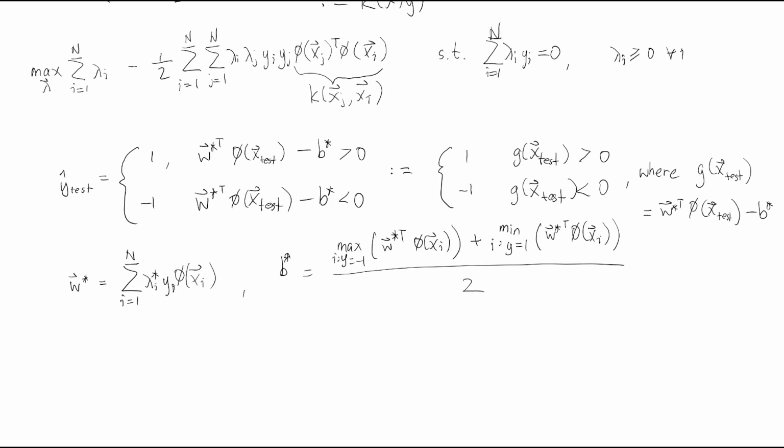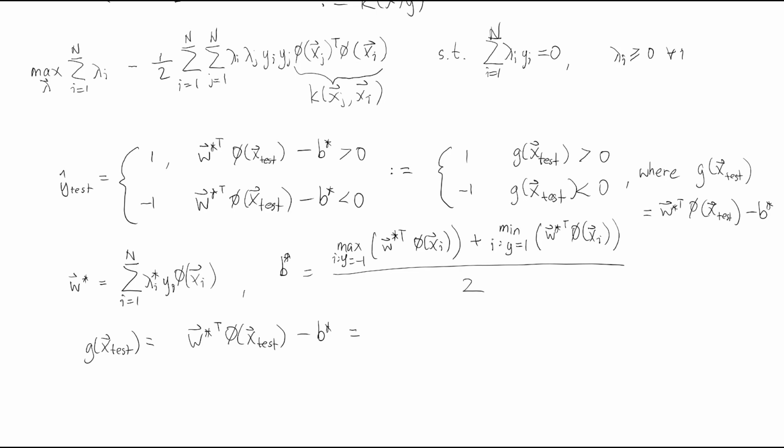So we're going to go back to g test. So g of x test is equal to W star transpose phi of x test minus B star. And we're just going to plug the expression for W star and B star in.